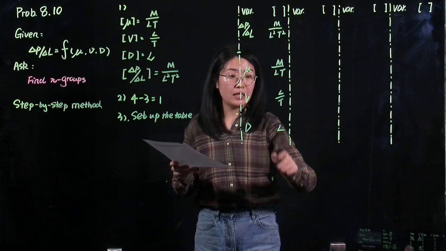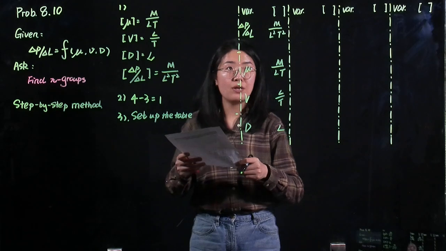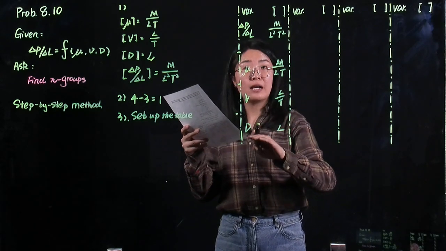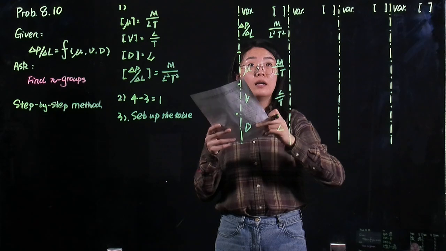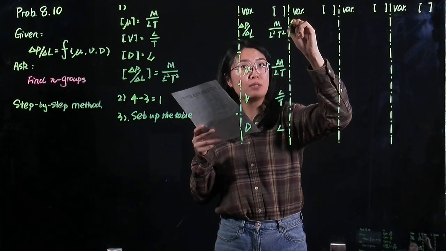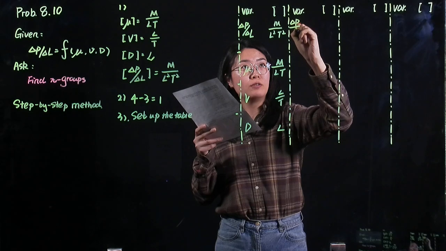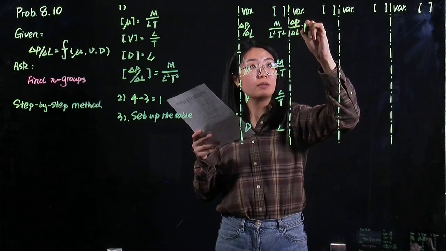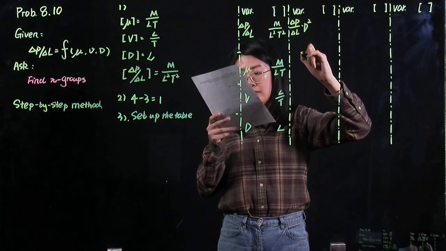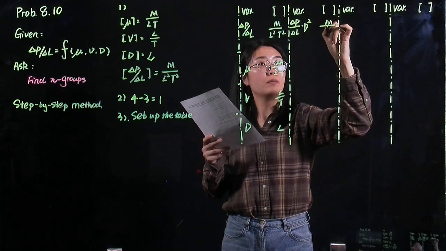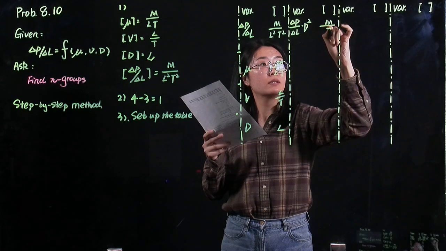The first step, we select D to eliminate L here. So for this case, we need to multiply by D, right? Because L is here. So it equals delta P over delta L times D squared, and then we have M over T squared.